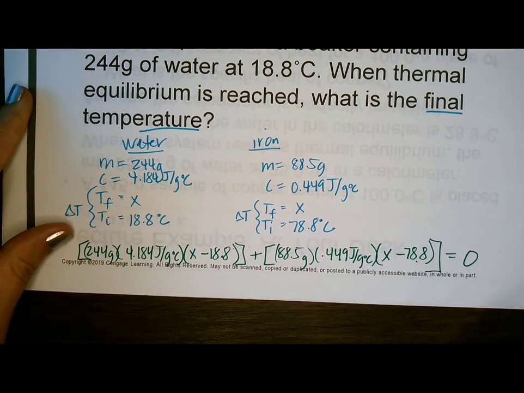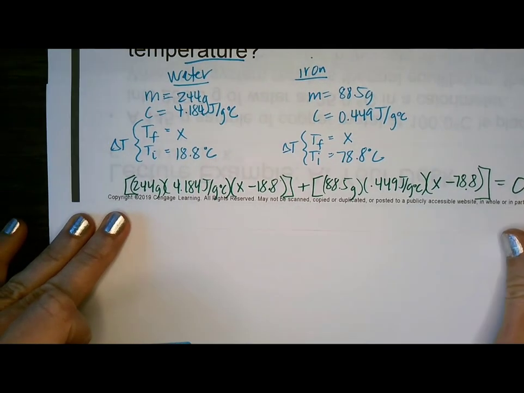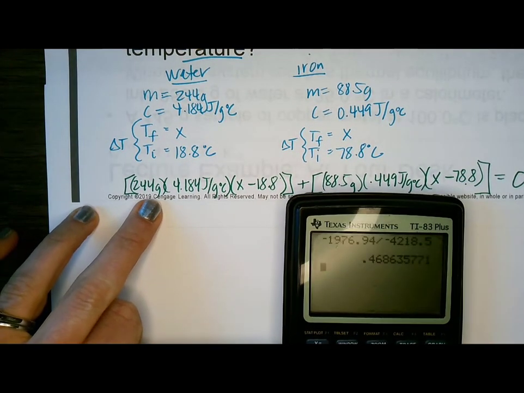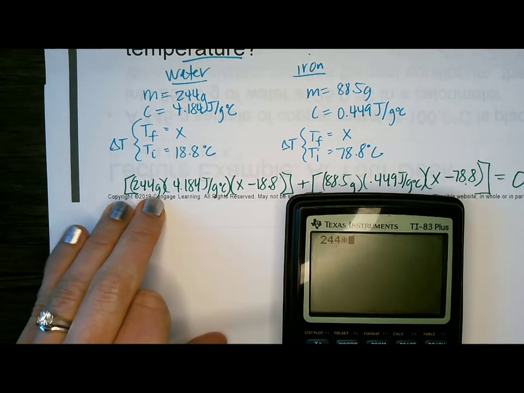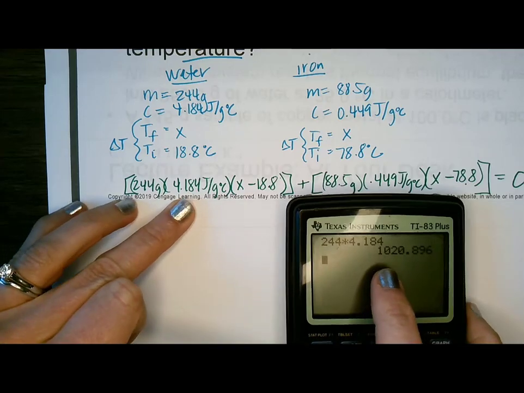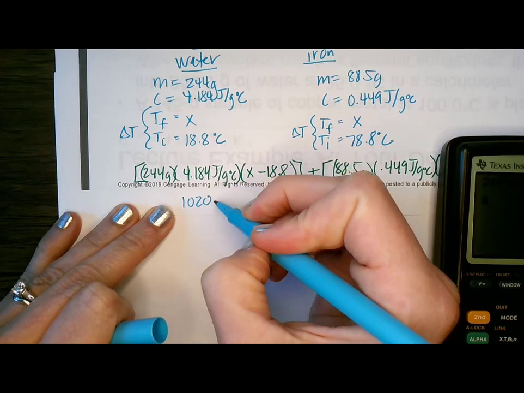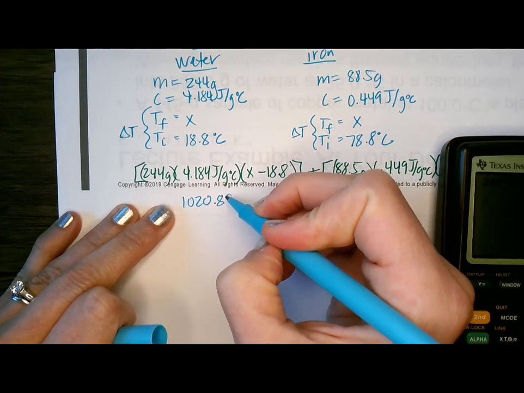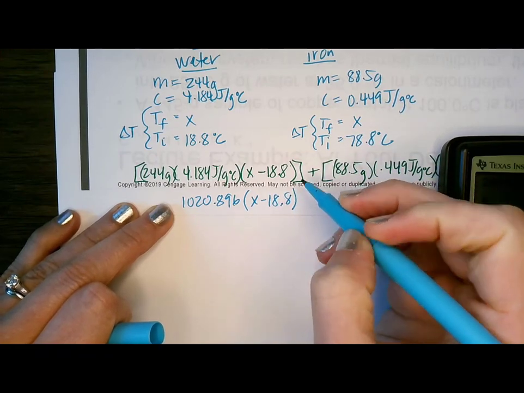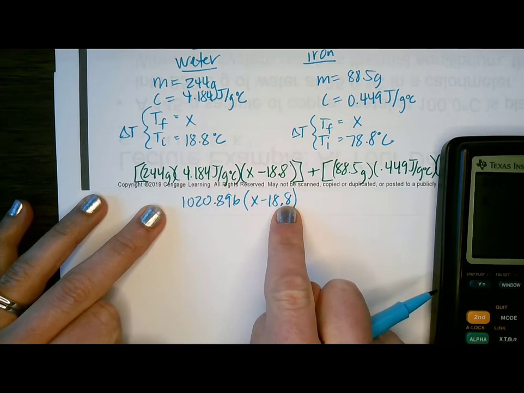So let's do some simplifying. We've got 244 times 4.184. So we got 1020.896 times X minus 18.8. Can we simplify this more? Sure, we can distribute this, right?